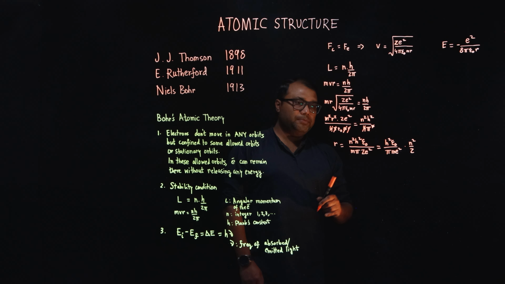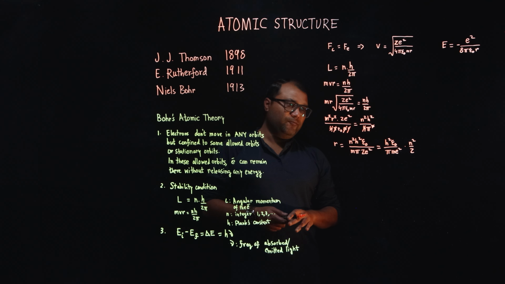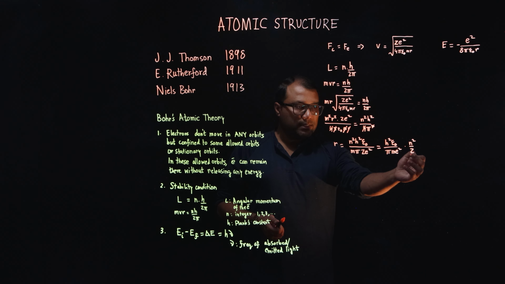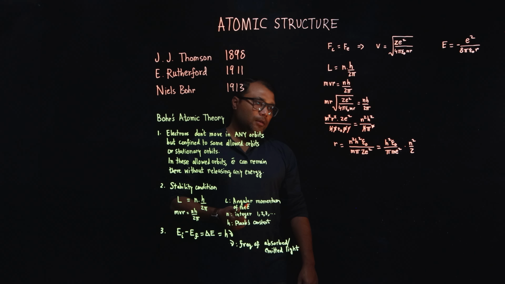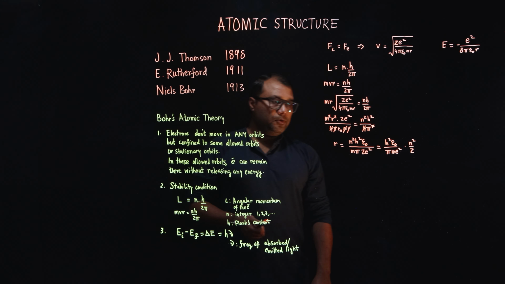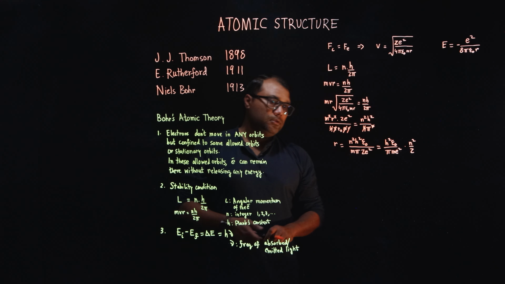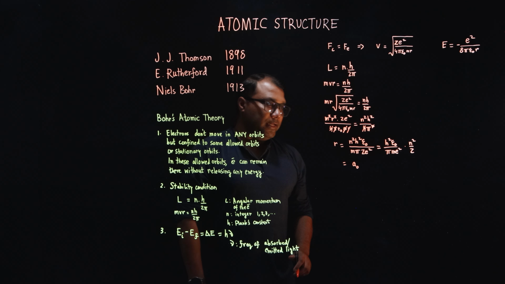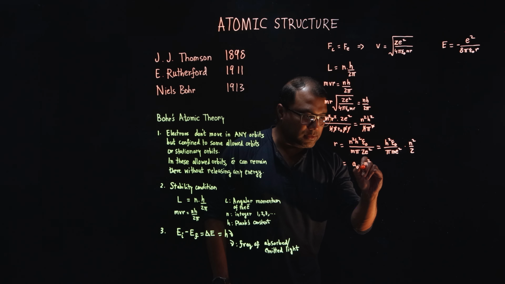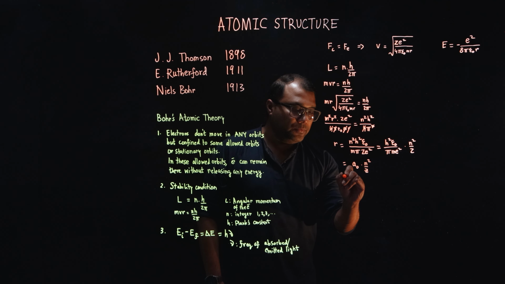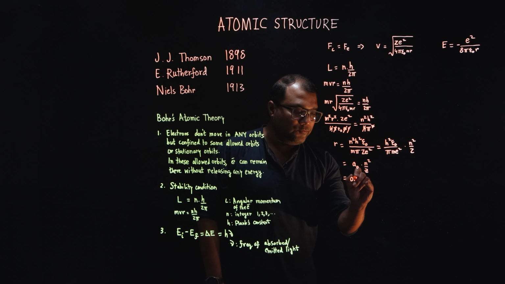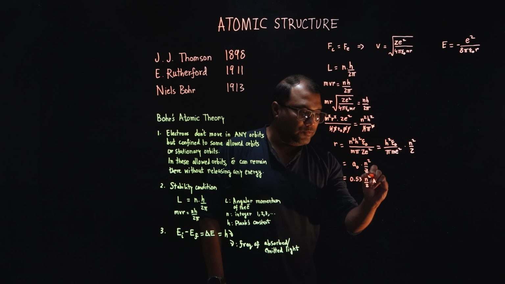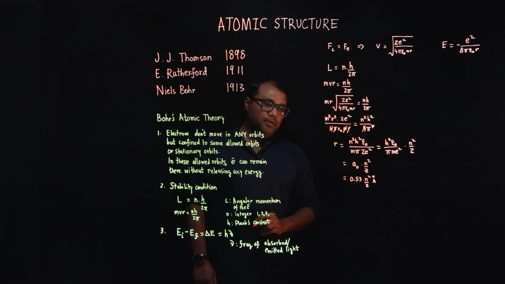Here epsilon naught is called permittivity in vacuum and h is the Planck's constant. Just to remind you again, z is the atomic number, e is the charge of an electron. So all these terms are constants. If that is evaluated and we substitute by a constant a0 n square by z, the value of a0 is 0.53 angstrom. 1 angstrom is 10 to the power minus 10 meters.